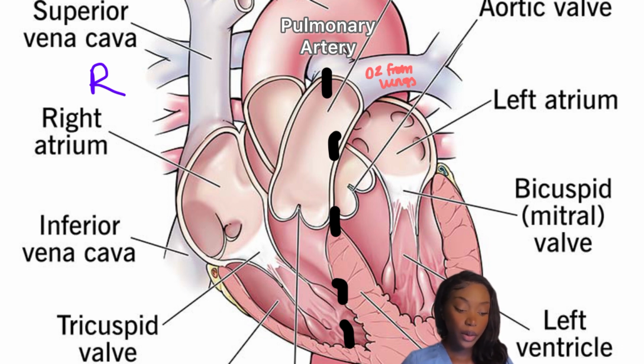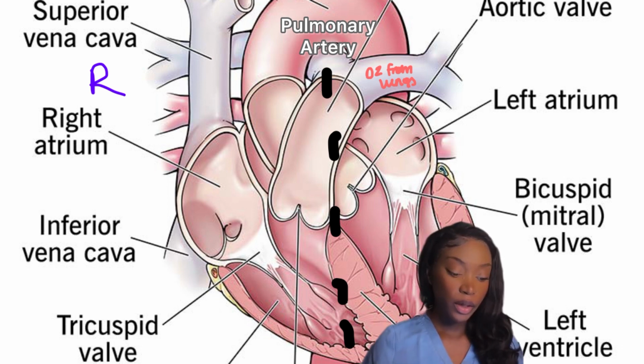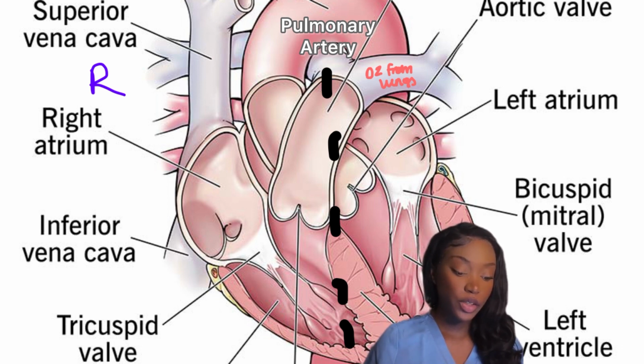So blood will flow through the pulmonary arteries to get oxygen from the lungs. And you can remember this because pulmonary is basically a key word for lungs. In the pulmonary arteries, that's where we will get the oxygen and let go of the carbon dioxide.